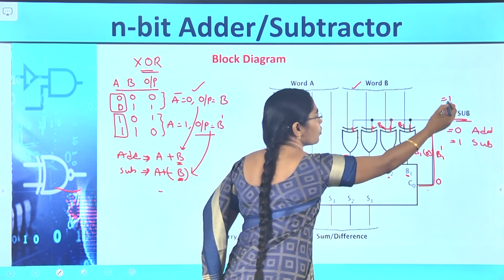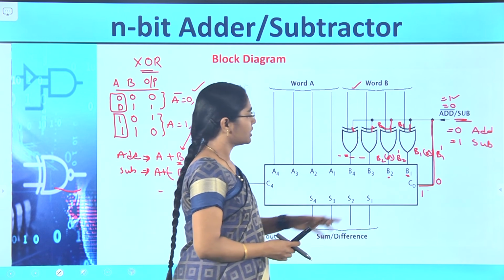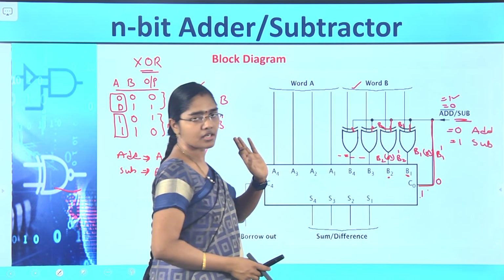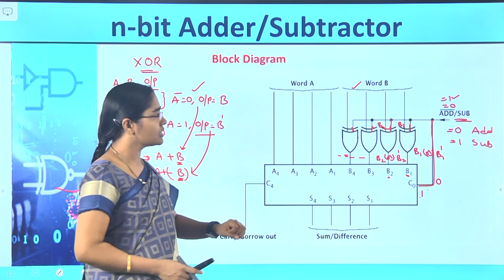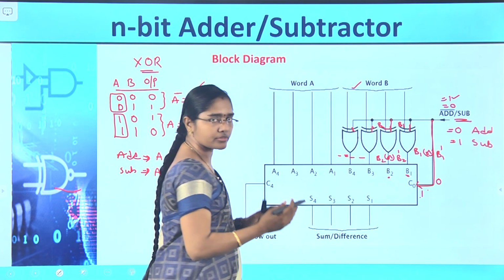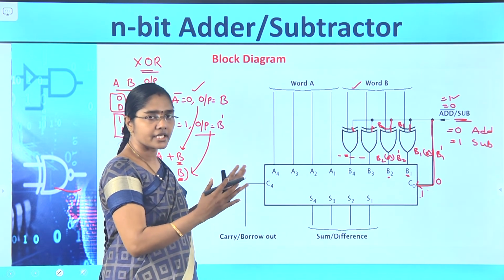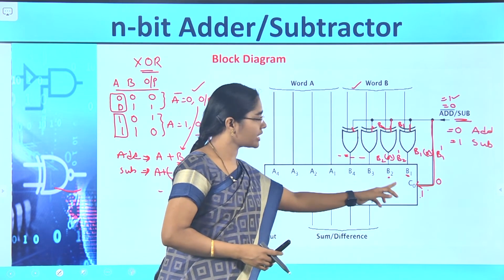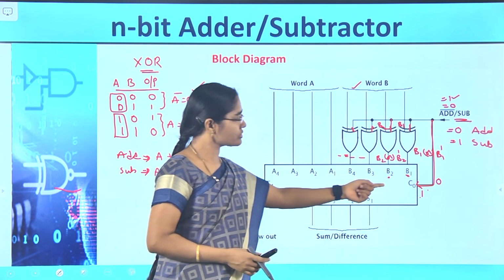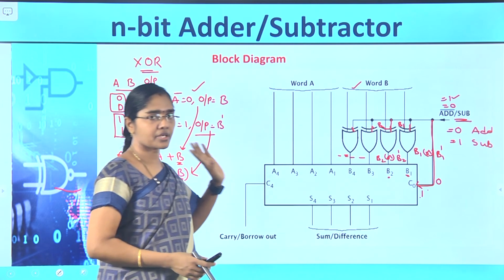When it is 1, the same 1 is applied here, that means subtraction. B1 bar, B2 bar, B3 bar, B4 bar plus 1 is applied, that means the 2's complement. So using the same control signal at the Cin bit of the adder, we directly get the 2's complement, that is 1's complement plus 1. When it is 0, 0 is added for the addition operation, and 1 is added for the subtraction operation.